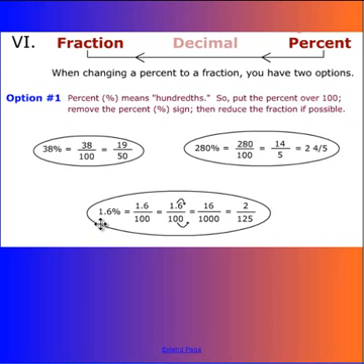And at the bottom one, you have 1.6%. 1.6 over 100, take your decimal point, move it to the right, so you have 16 over 1,000, and reduce that to its smallest fraction possible.